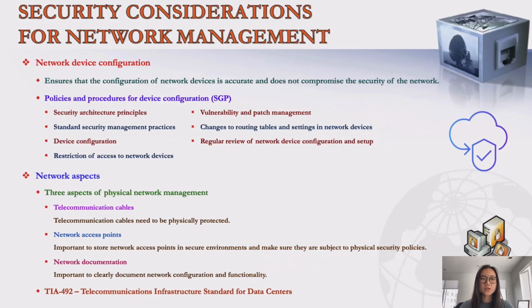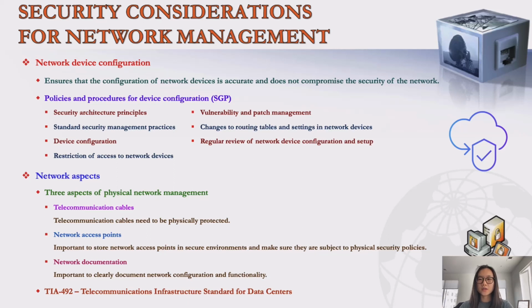Next, we're going to introduce security considerations for network management. The principal security objectives related to network device configuration include ensuring the accurate configuration of network devices and confirming that the configuration does not compromise the security of the network. The SGP recommends organizations cover several components in their policies and procedures for device configuration.